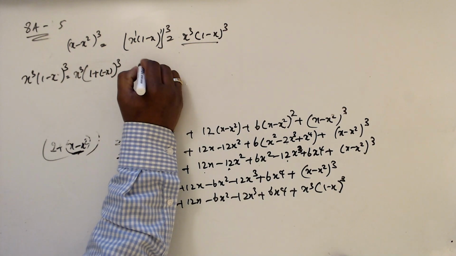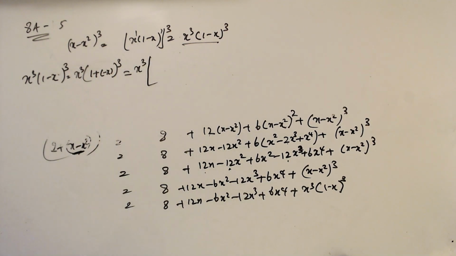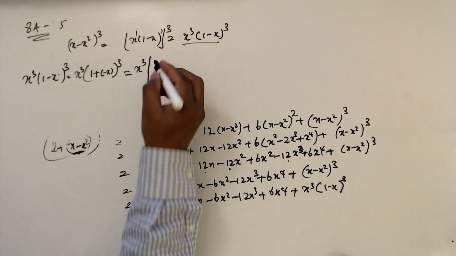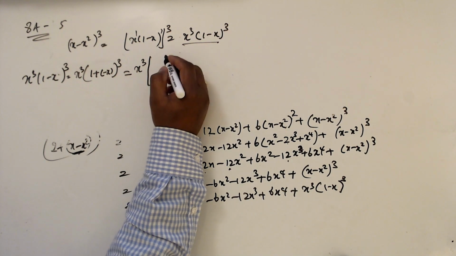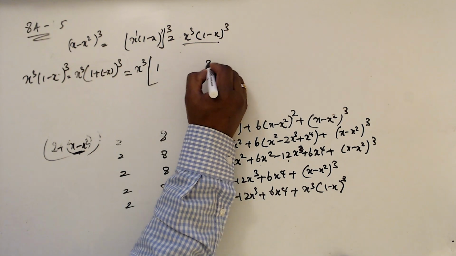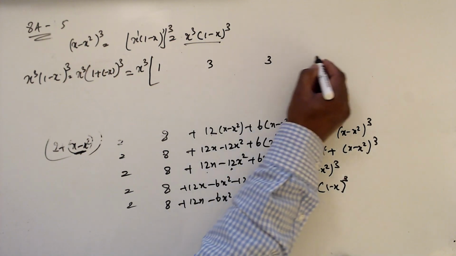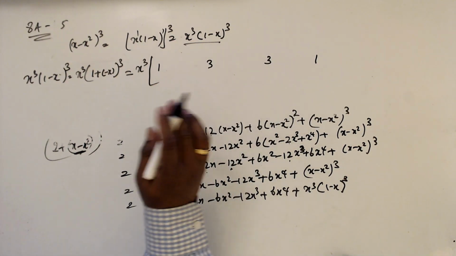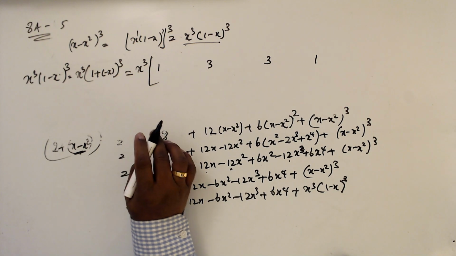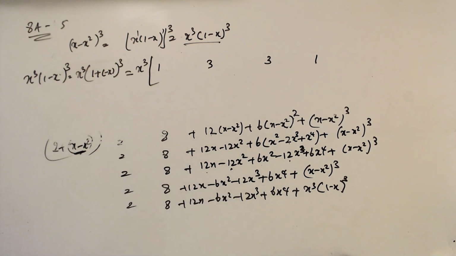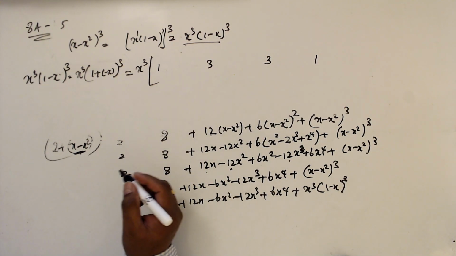So x cube, keep as it is. This is going to be 1, 3, 3, 1. I write the Pascal triangle, but we have to write the proper expansion.